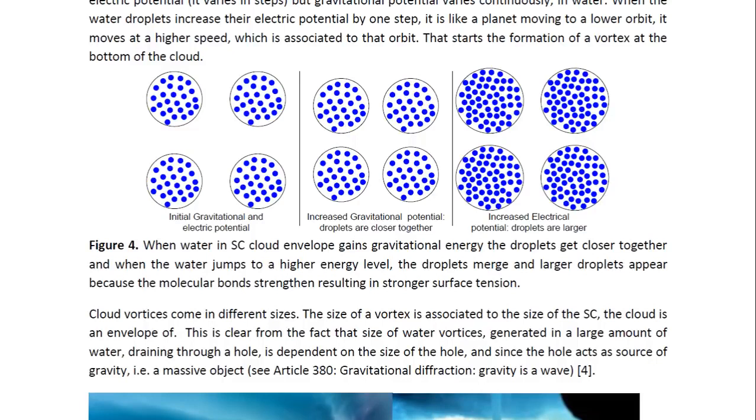And that led to surface tension, which is the tension that keeps a droplet together, to increase so that they merged into larger droplets. So that means that the electric potential and therefore its energy level suddenly increased to the next level. And that has to do with the strength of the bonds between the electrons. So that's why it's to do with the electric potential.